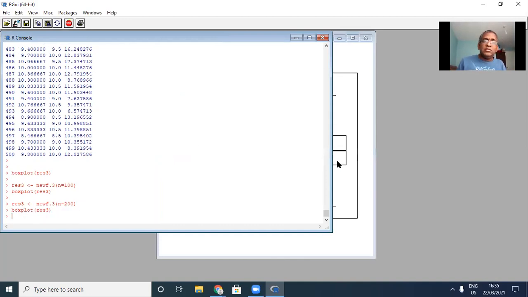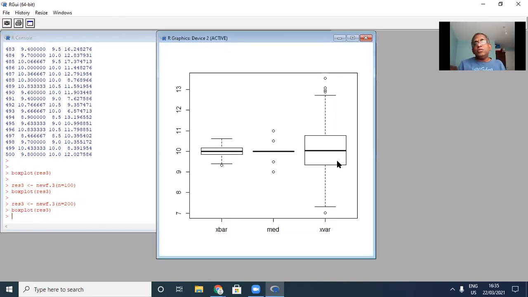and do a box plot, this is similar again, right? Again, the variability is smallest for the sample median values, second smallest for the sample mean values, and largest for the sample variance. Okay, guys, are you okay so far? Is this clear?